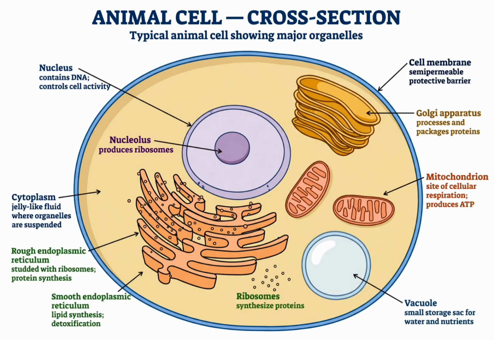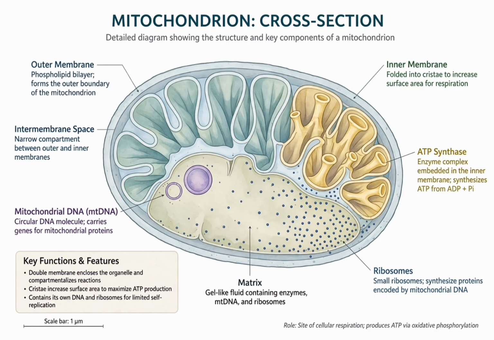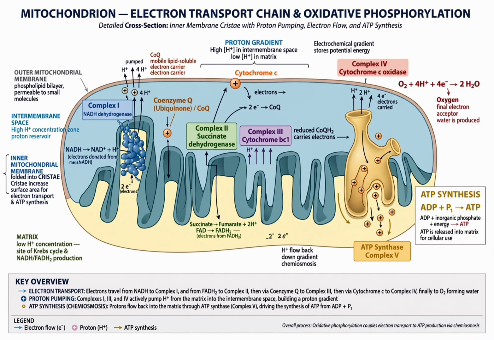You see the diagram on the screen and go through the diagram thoroughly. Now, in this diagram, we have to think, why is mitochondria called the powerhouse? The primary reason behind this title lies in its role in cellular respiration.